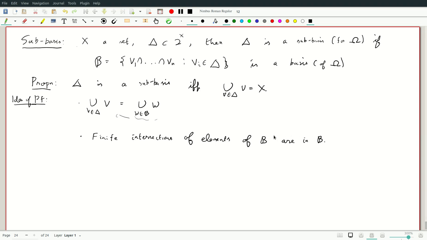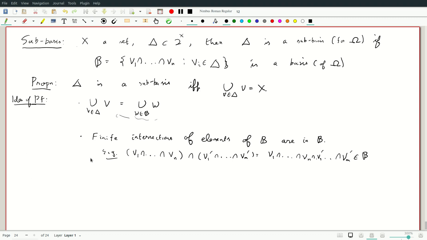That is very easy to see, because in fact you need to look at it only for a pair of intersections. So this one intersection, let's say V1 intersection ... Vn intersected with V1 prime intersection ... Vm prime, is simply an intersection of sets. So this is also in B. So B is actually closed under intersection. It needs to be closed under intersection and union, meaning the intersection of two things has to be a union of sets, but it's even better. So it's really easy to see.